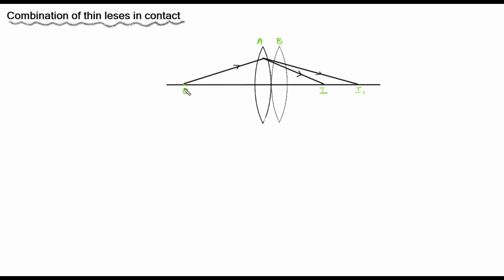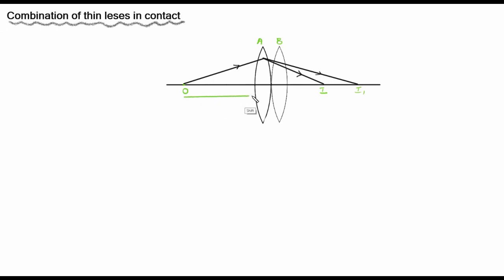So O is an object, and from O the image I1 is formed. And for the second refraction, this I1 acts as a virtual object. Okay, now let's write the distances.